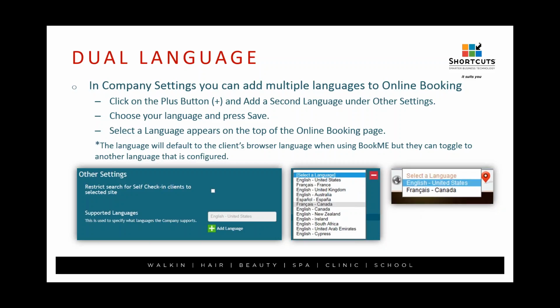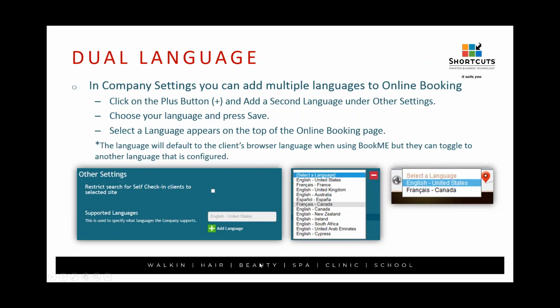On my database here, we've actually added French Canada. Okay, and then you can see here that up at the top of my BookMe screen, it would actually toggle back and forth between the two. You guys, your first language is automatically going to default to your region that you're in.